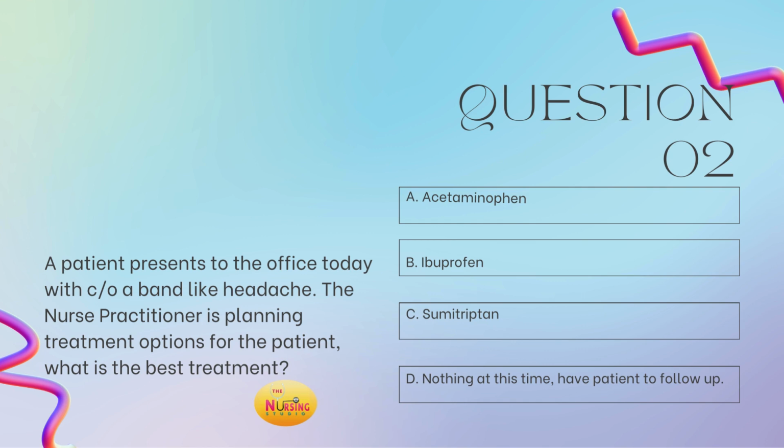So band-like is tension, and you treat with the NSAID, and then you get stuck because you're like, all right, which medicine should I pick? Acetaminophen is Tylenol, right? That's not an NSAID. Sumatriptan is Imitrex. Knowing the brand and generic names of your medicines also helps so you're not tripped up, right?